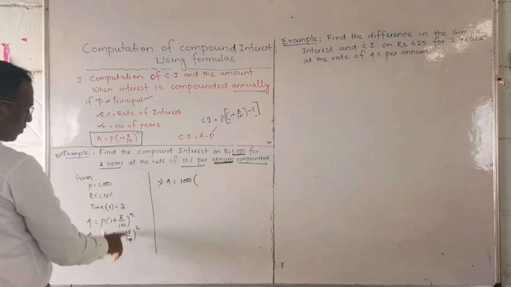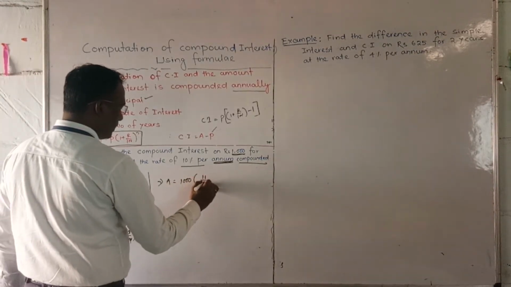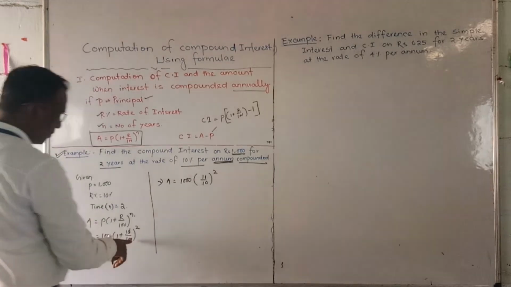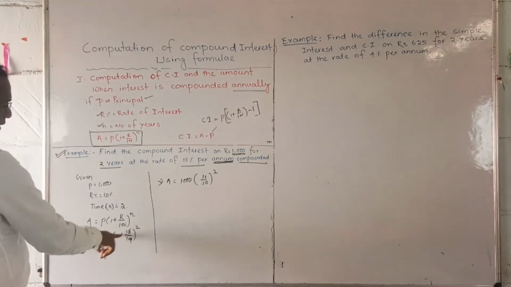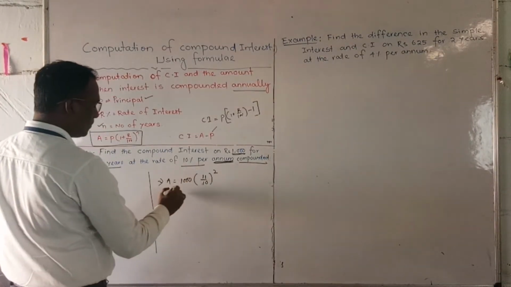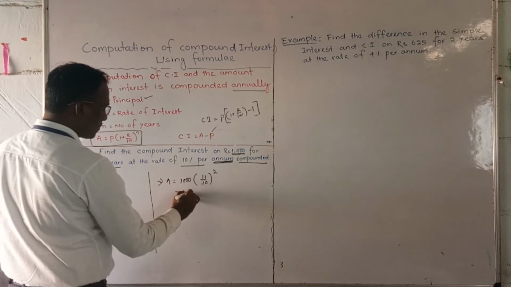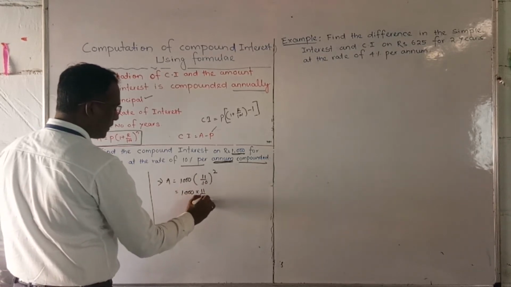So if you take LCM, 11 by 10 whole square. 10 times 1 is 10, plus 1 is 11 by 10. So amount is equal to 1000 into 11 by 10 into 11 by 10.